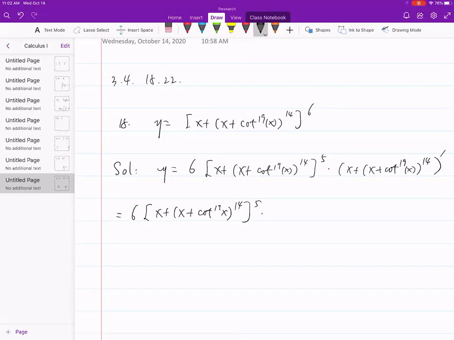Not to do the derivative, separate them. The first one is going to be 1 coming from the x. The second one, I'm going to handle the 14. Times the derivative of the inside, which is x plus cotangent 19. So for there, I'm going to do 1 plus 19 first, times the derivative of the cotangent.